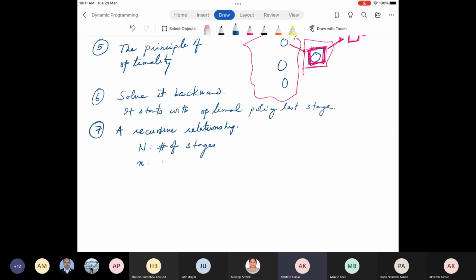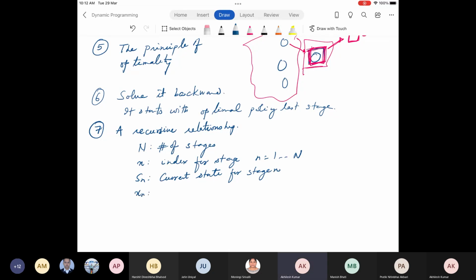Suppose small n is the index for stages, so n equals 1 to N. Sn is the current state for stage n.